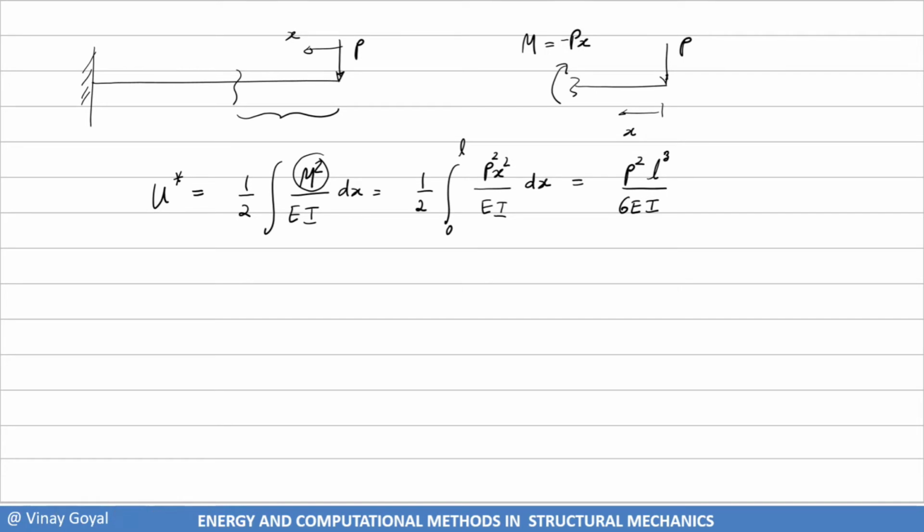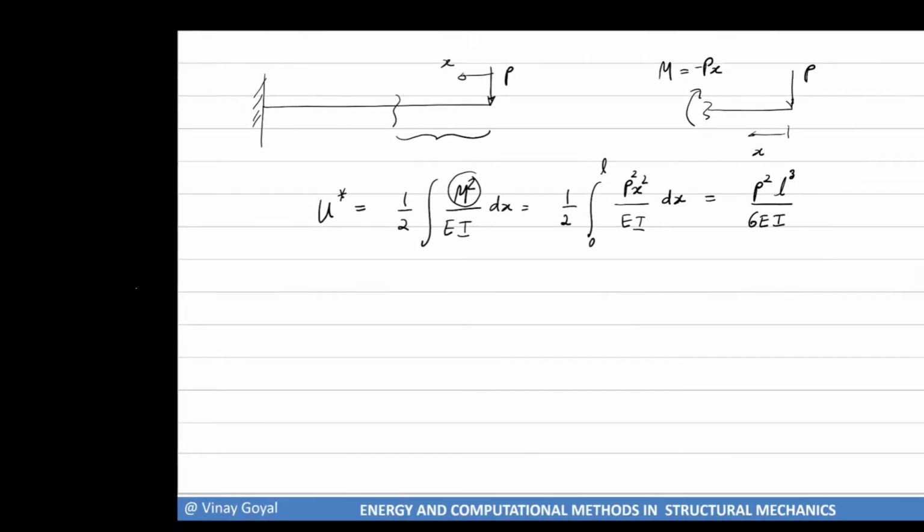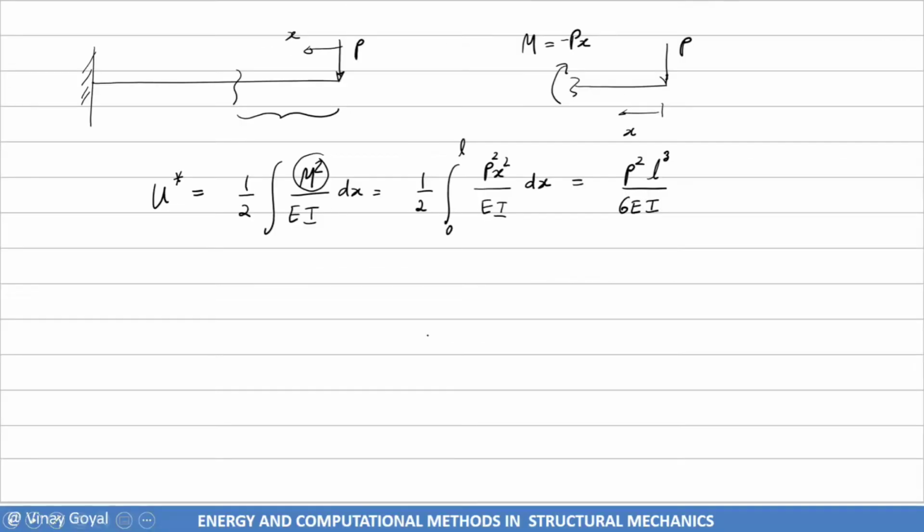I probably have an error. No, I'm correct. So if I find the partial of U star with respect to P, I should get the deflection here. So that's delta.